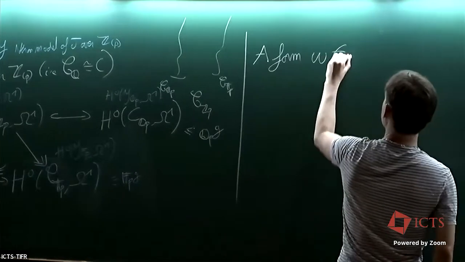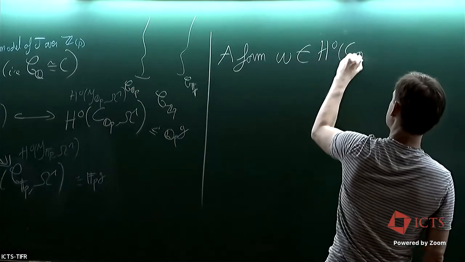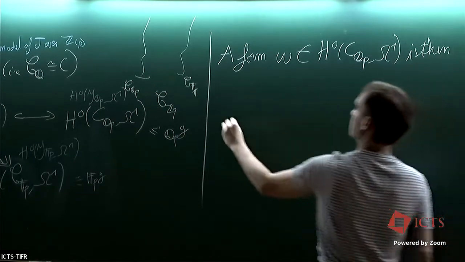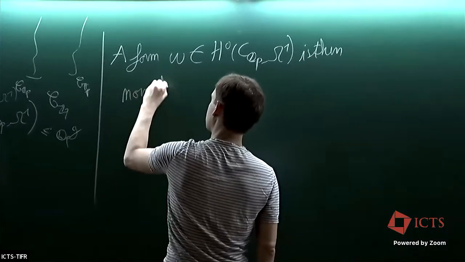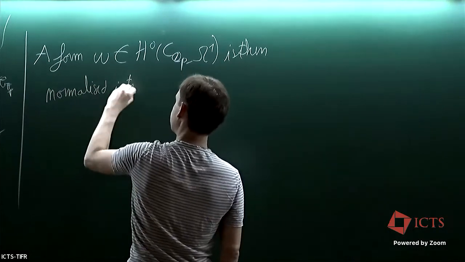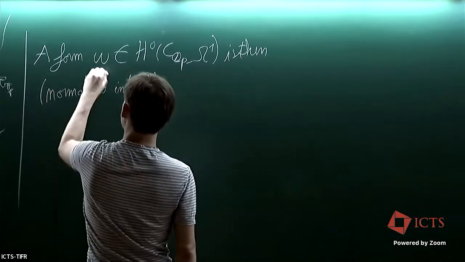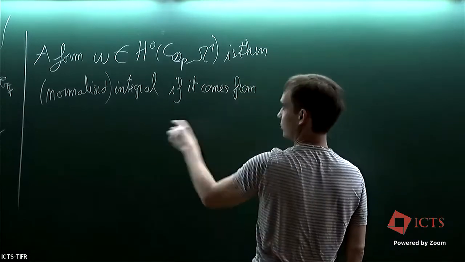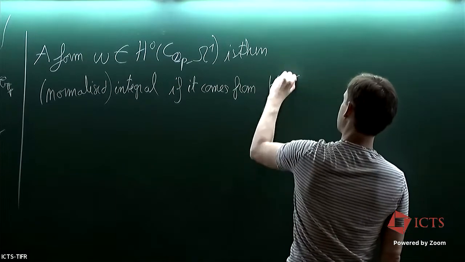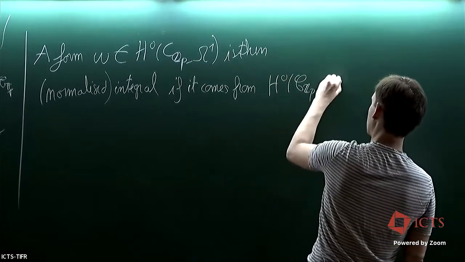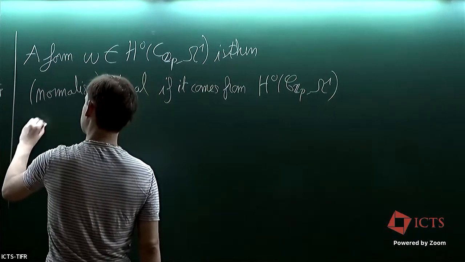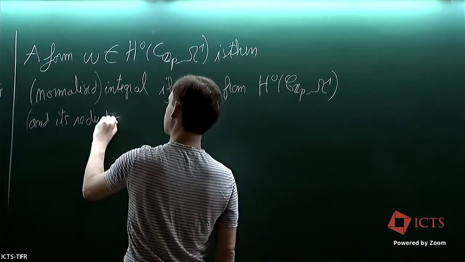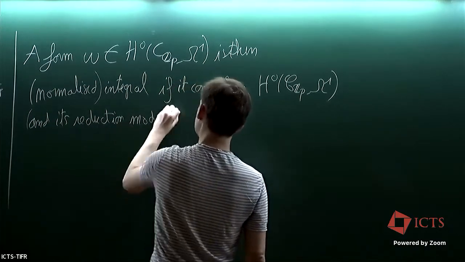A form inside this space is then normalized integral if it comes from the integral lattice, H0 of J over Z_p, omega 1, and its reduction mod p is non-zero. So that's for normalized.